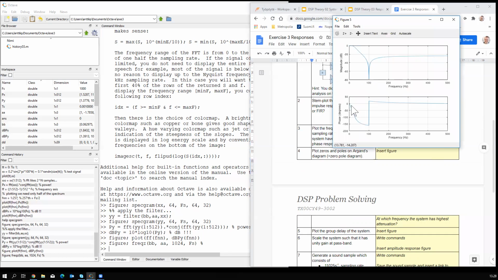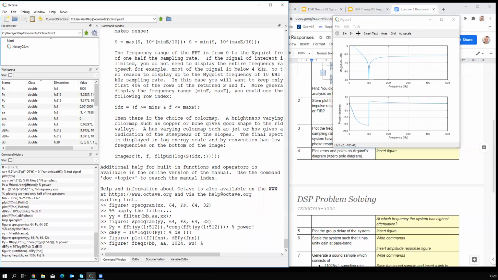If you had a system which has a linear phase response, this is a straight line. Like actually a 4-point running average.